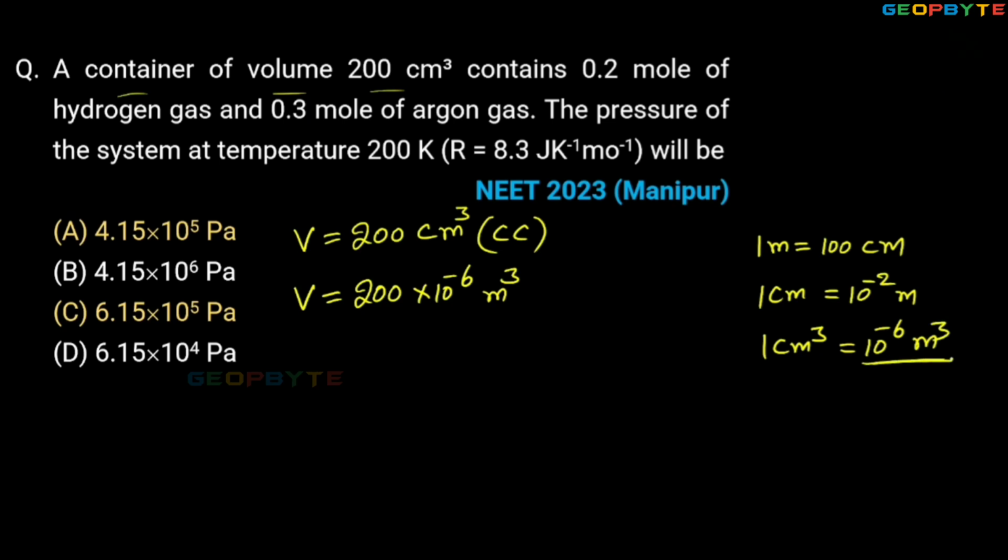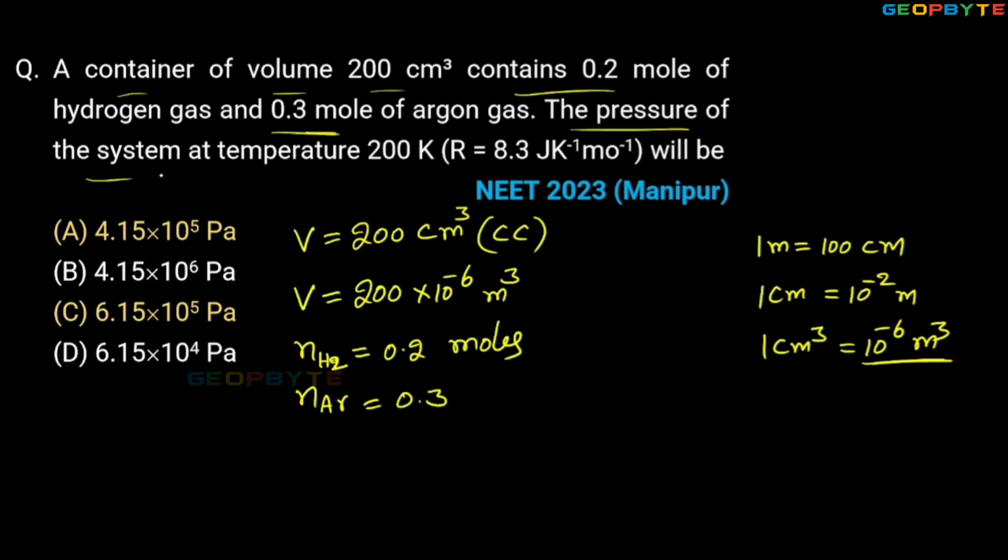Remember that one. The container contains 0.2 moles of hydrogen. Number of moles of the hydrogen, H2, equal to 0.2 moles. Similarly, number of moles of argon equal to 0.3.